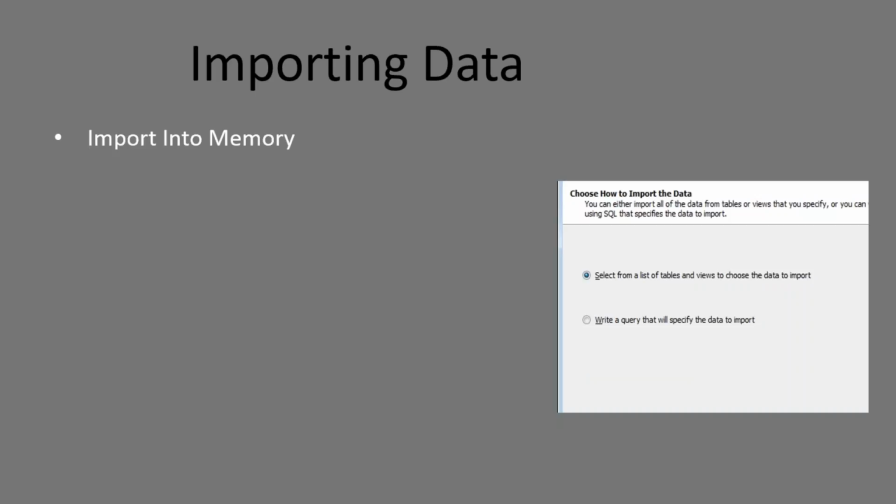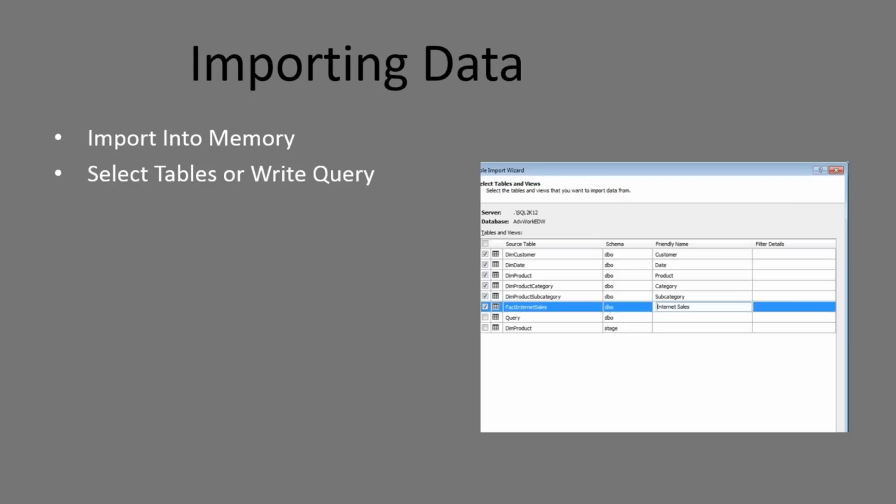So when you start connecting to a database, you're going to be given the option to import into memory either a list of tables or views, or write a query to get specific data. And once you get the select tables and views screen up, you're going to have to change to a friendly name rather than the actual source table name for these connections.